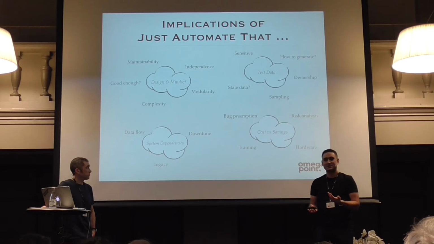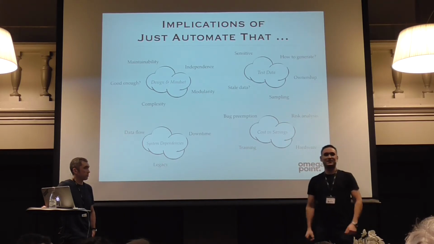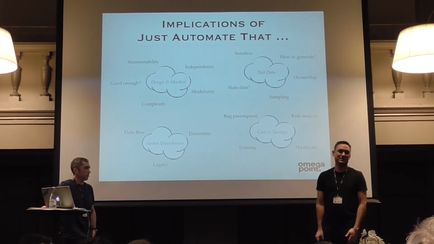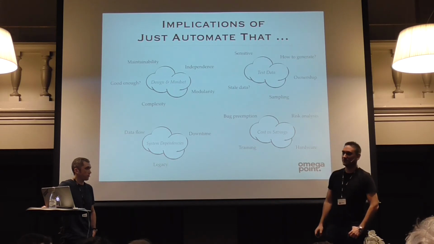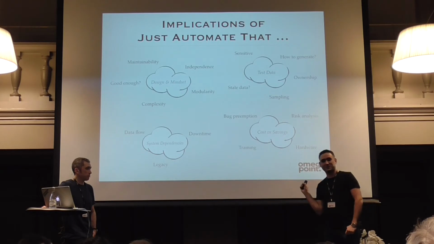How should we do it? And all of this because somebody has said, just automate that. It's so easy, right? It takes so much time to do this manually, so we're going to automate it. Of course, makes perfect sense. So this could either be the best thing that's happened for you or the worst thing. It really depends on how you look at it.